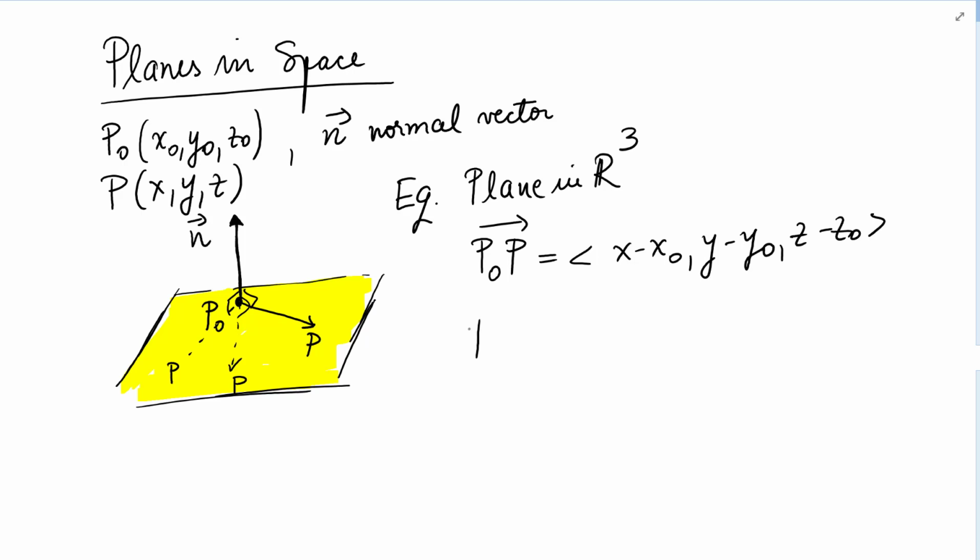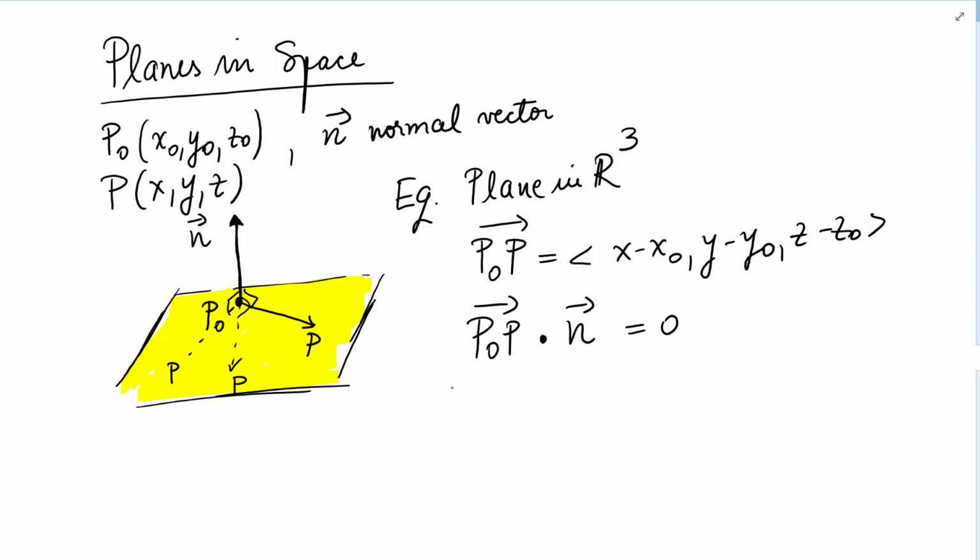Now we know by definition that P0P is perpendicular to n, so that means the dot product of the vector P0P and n is 0, because we know the dot product is the magnitude of P0P times the magnitude of n times the cosine of the angle between them, and since they are orthogonal, it's cosine of 90 degrees, which is 0.